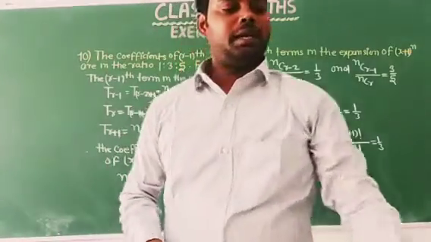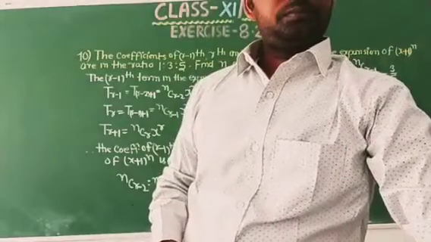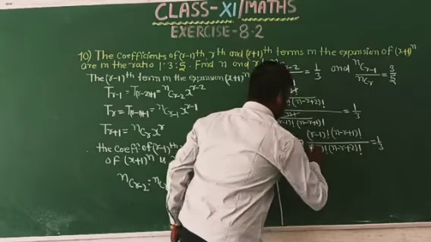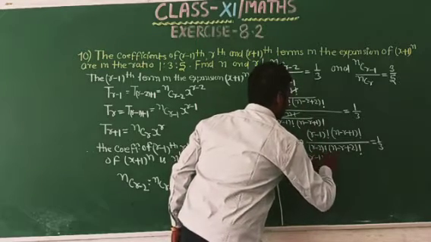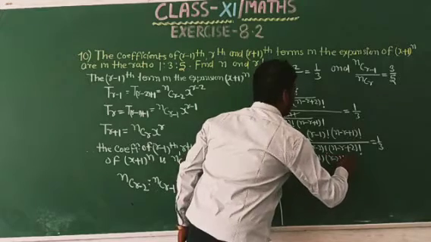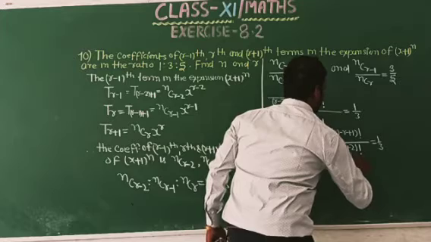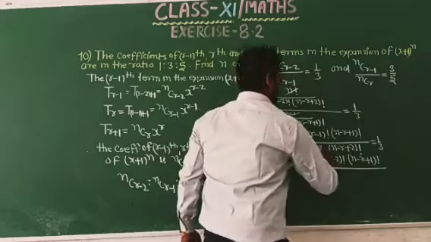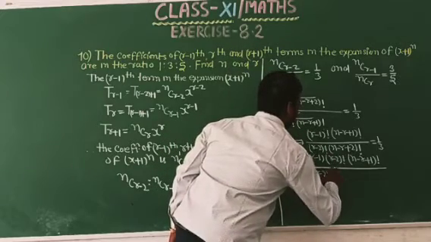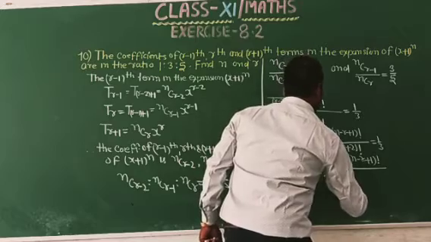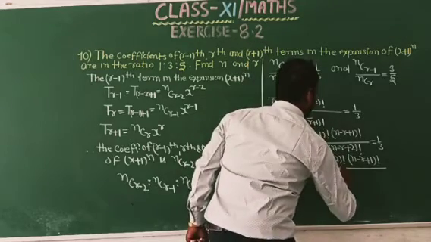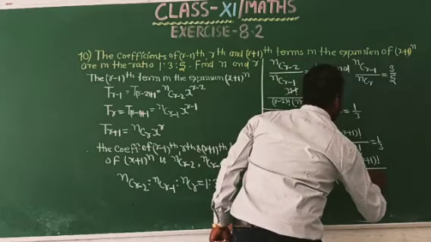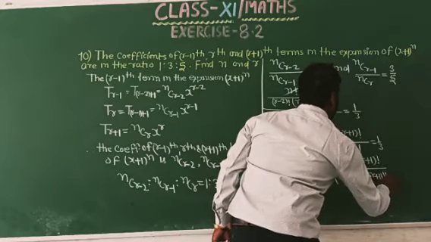Again simplify. This becomes (r minus 1) into (r minus 2) factorial, and (n minus r plus 1) factorial upon (r minus 2) factorial into (n minus r plus 2) into (n minus r plus 1) factorial.